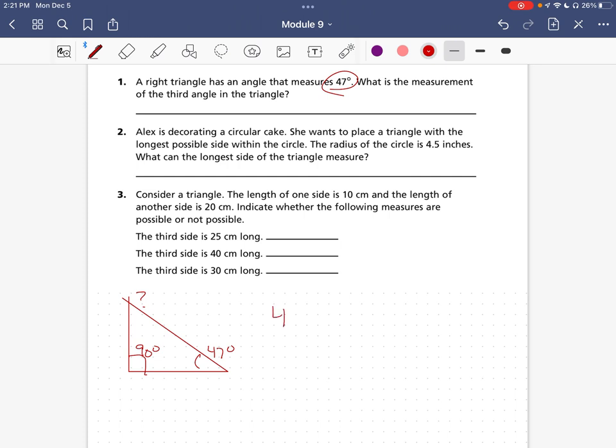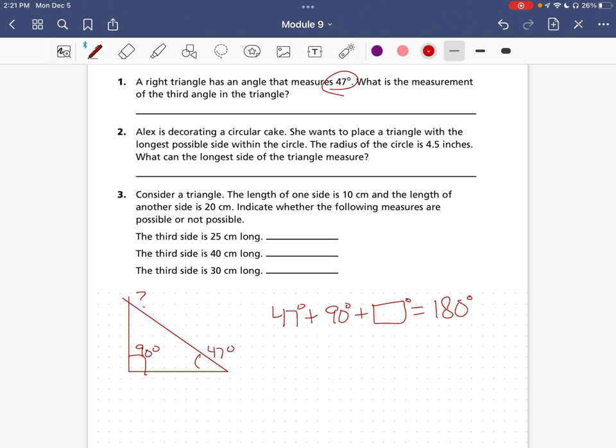We're going to have 47 plus 90 plus something equals 180. So all of these degrees should always add up to 180 if we're talking about a triangle. Okay, a circle will be 360, a triangle will be 180. So we can work backwards from this one.